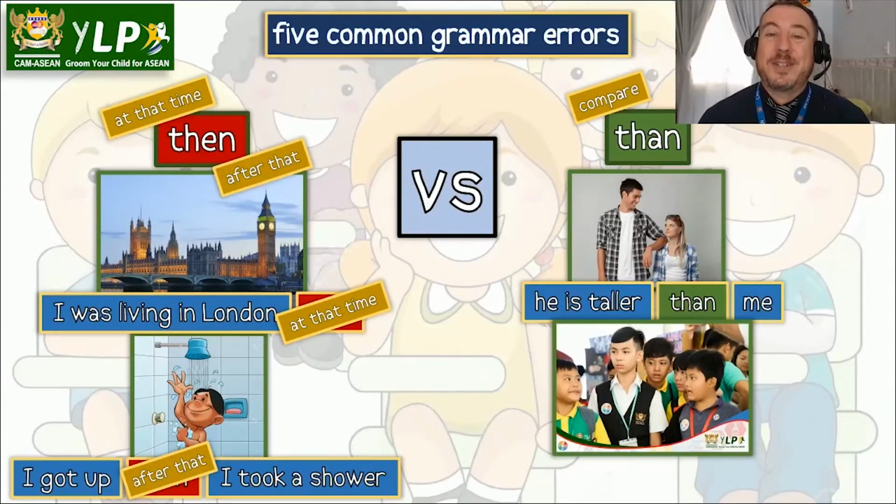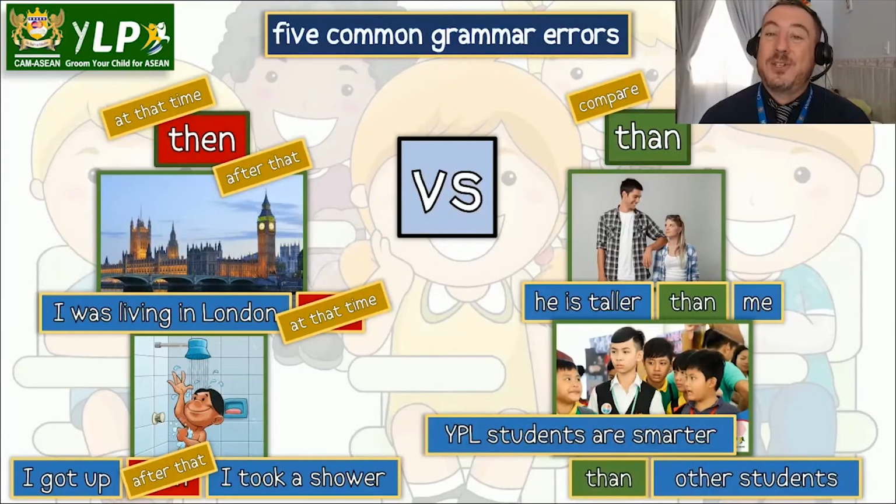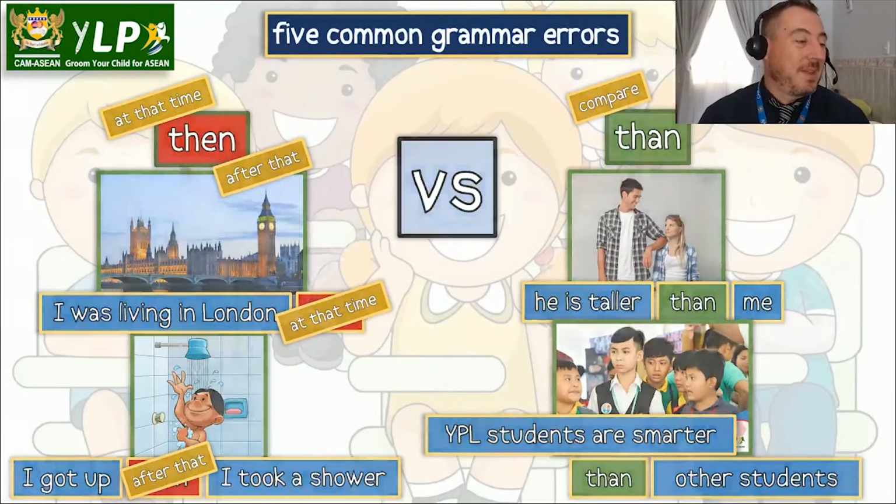They are my students, so I might say something like, YLP students are smarter than other students. Which is true. So we're using than there to compare. We're comparing YLP students with other students.